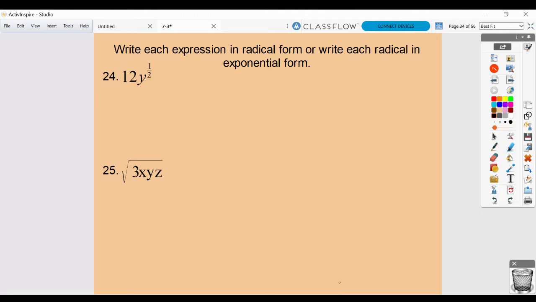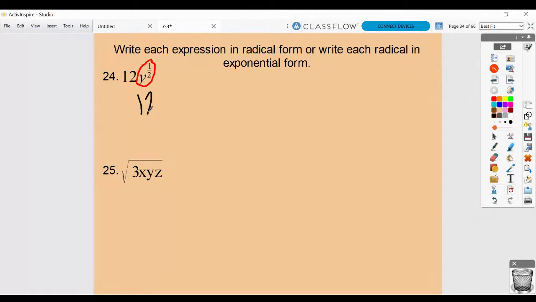So if we look at number 24, we have 12y to the 1/2 power. Something to note here is the 1/2 only goes to the y. So whenever we write our radical, the y is the only thing that needs to go underneath the radical.